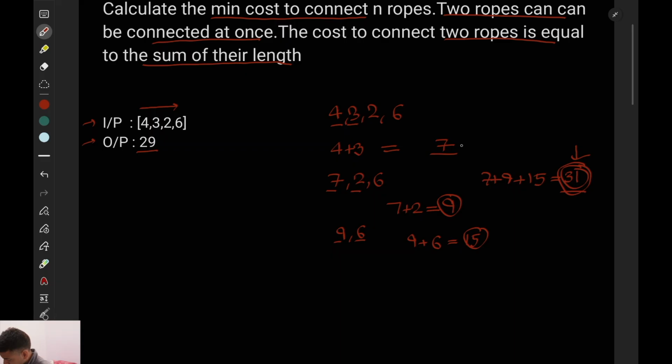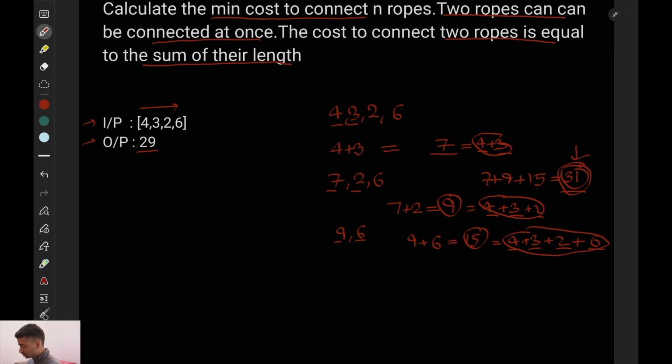So notice that 7 is equal to 4 plus 3, 9 is 4 plus 3 plus 2, 15 is 4 plus 3 plus 2 plus 6. 4 and 3 have been repeated 3 times, 2 twice and 6 once. So we can see that the number which has been repeated the greatest times should be the least in value and the number which is the highest in value should be repeated the least.